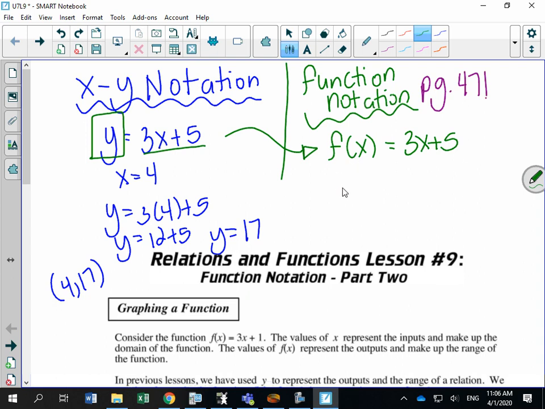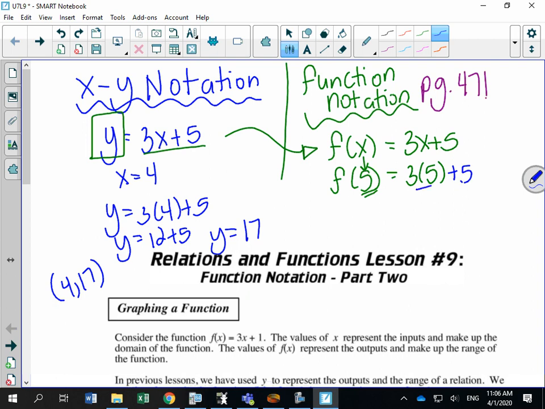So from here, I could say, well, what is f of 5? And so that's just telling you that they want your x value to be 5. So wherever we see an x value, I'm going to put a 5 in a bracket, and I'm going to evaluate what my corresponding y value would be. So f at 5 would be 3 times 5 plus 5.